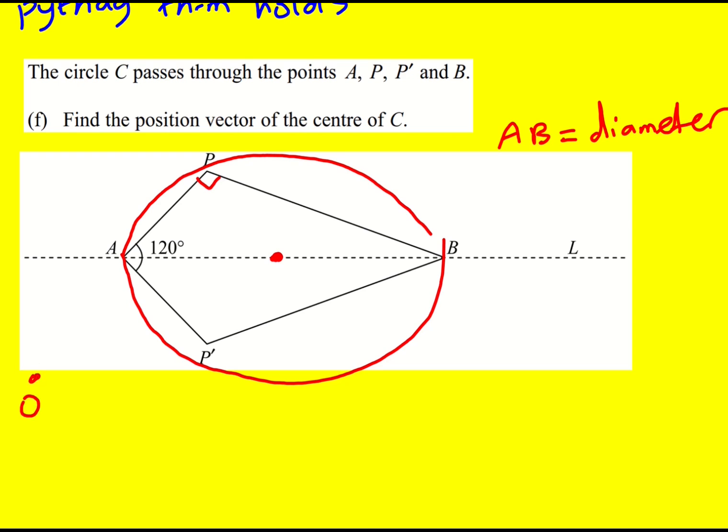And here's my origin. So to work out OC, I can get onto the line at A, because remember we've worked that out, or we were given that a long time ago, I think. And then I can add a half of AB.